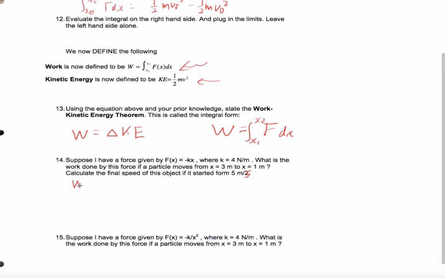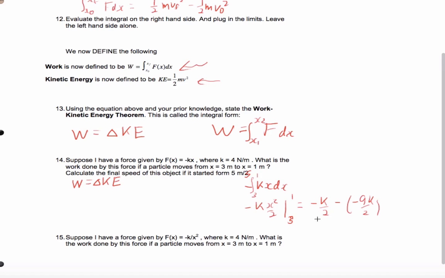So we have work is change in kinetic energy. So let's get the work. That's going to be negative kx dx integrated from 3 to 1. So I'm going to get negative kx squared over 2 from 3 to 1. So that's going to give me negative k over 2 minus negative 9k over 2.